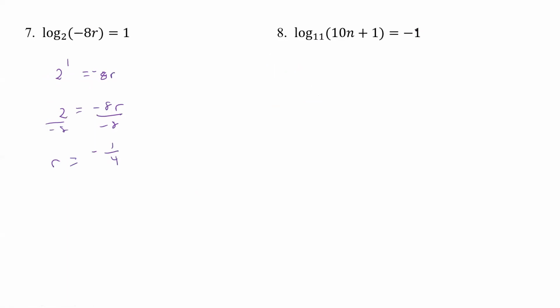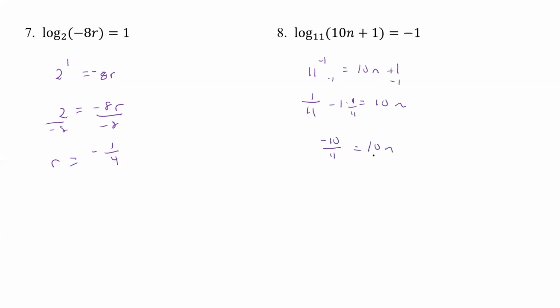What about this one? Here we're back to 11 to the negative 1. So we know that's 1 over 11. Now if we subtract 1, that's equal to 10n. Well, common denominator, minus 11 plus 1, so that's going to be minus 10 over 11 equals 10n.